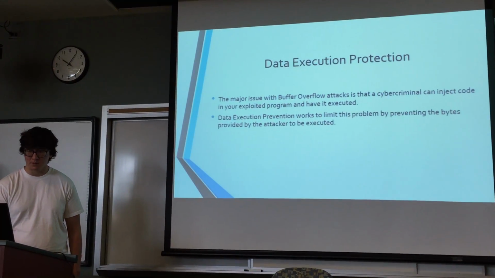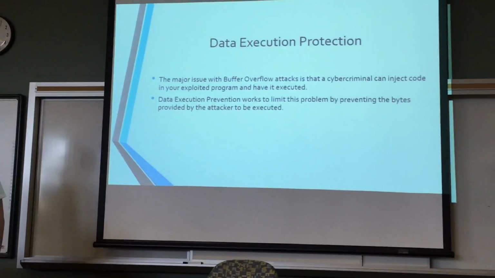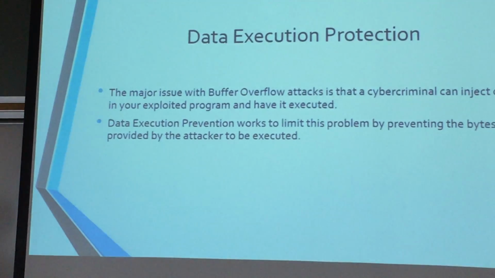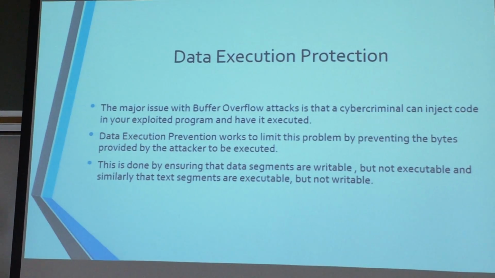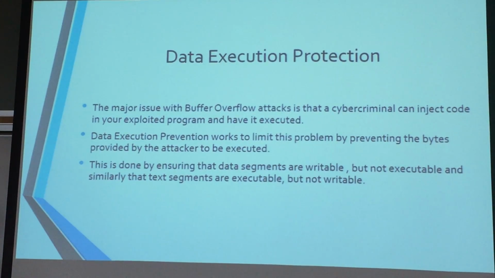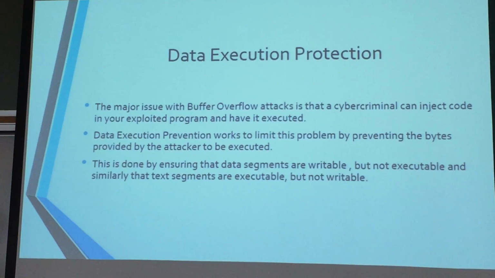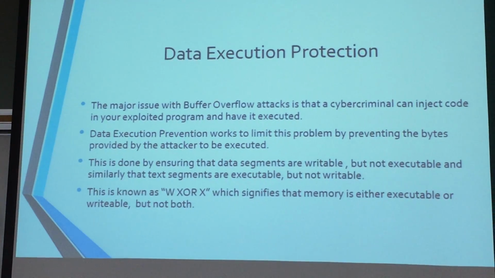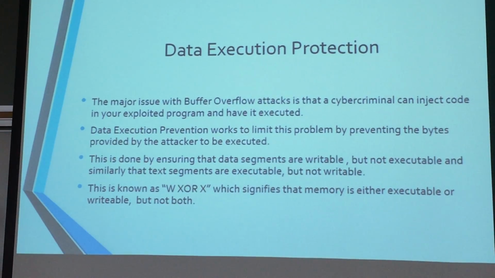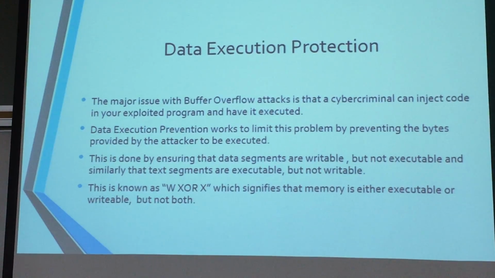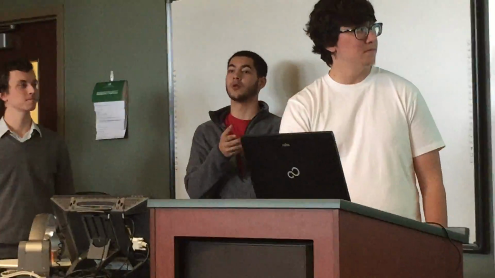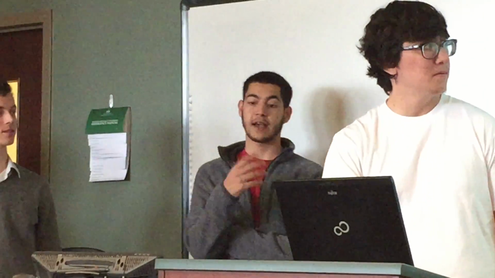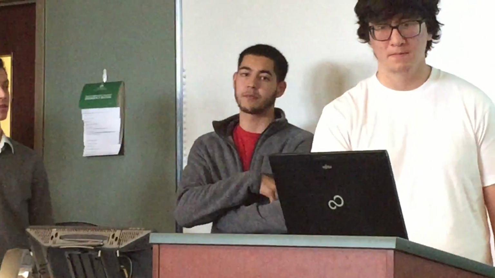To combat this, they limit what the attacker can do with an on-off system of memory being either writable or executable, called W XOR X. It describes a really important concept: memory is either executable or writable, not both. So it can either be executed or written, but not both, and that really prevents buffer overflow attacks from happening.